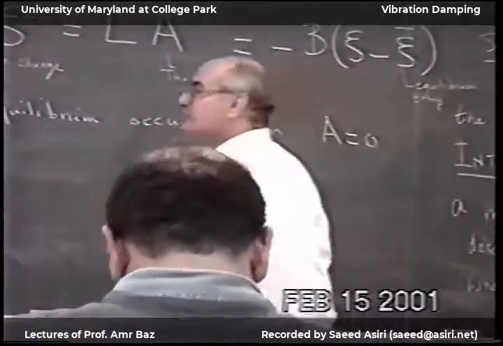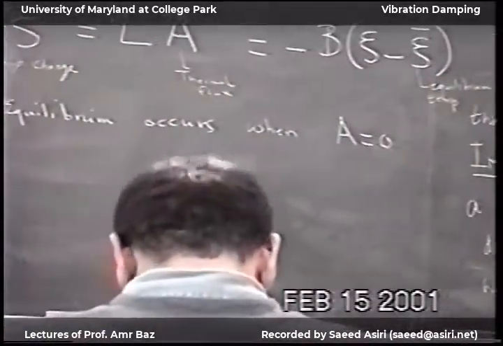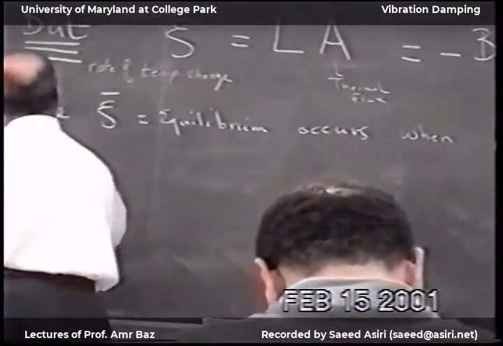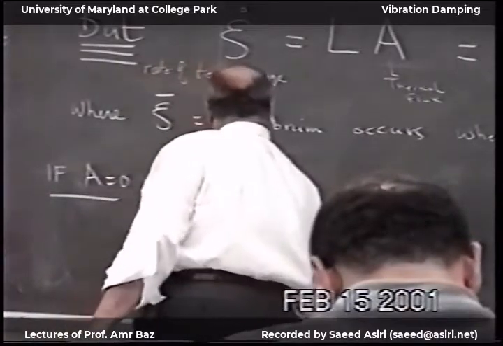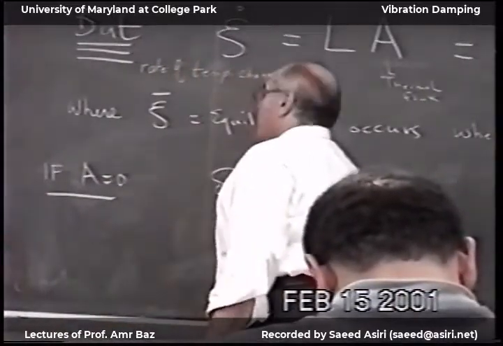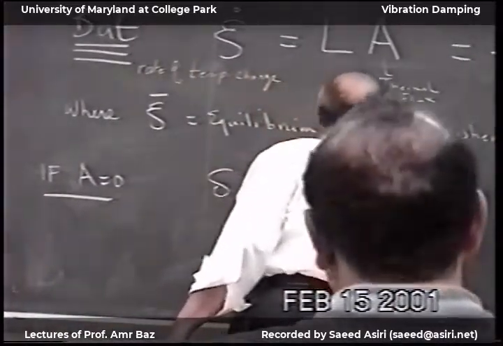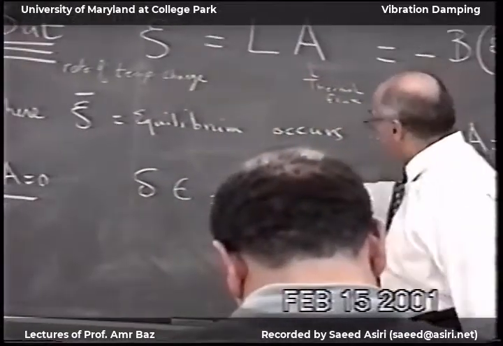From the bottom equation, then we have delta and the strain will equal alpha and zeta bar.